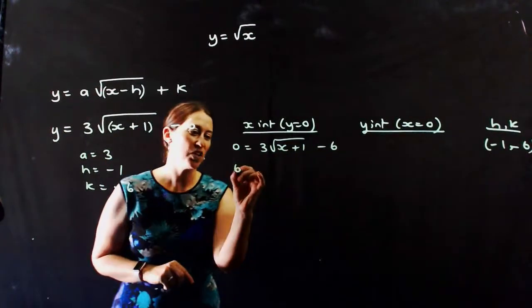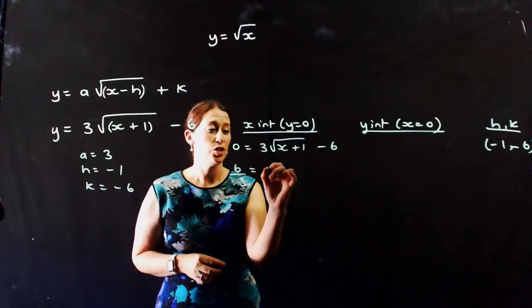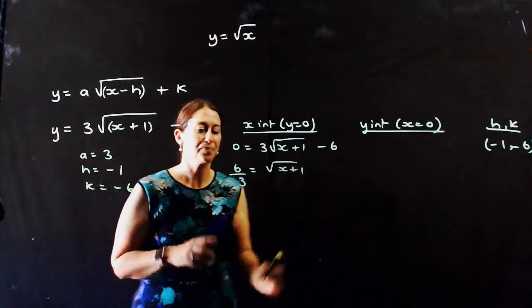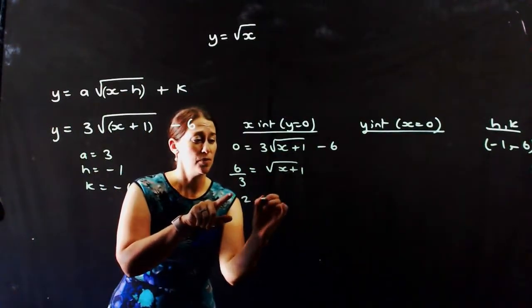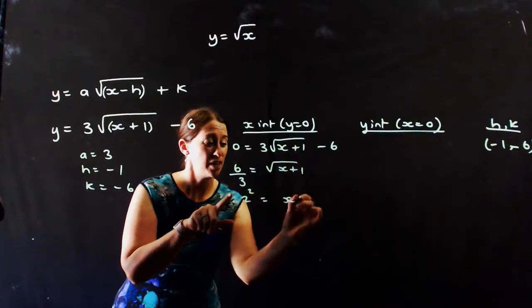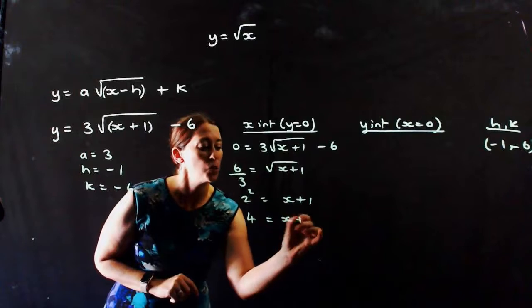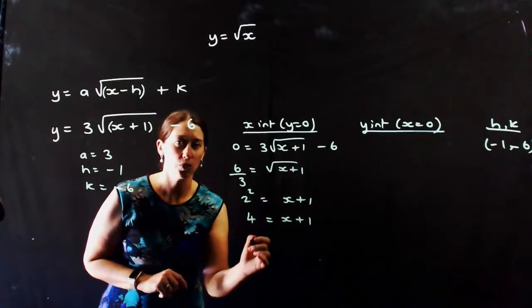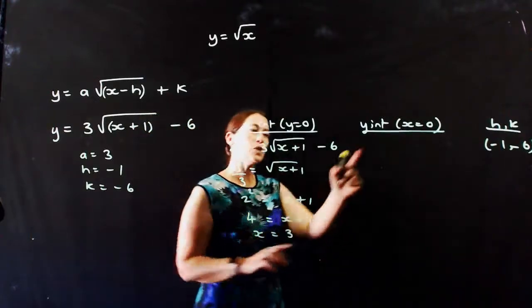Add the 6 first, and divide by 3 at the same time, which gives the square root of x plus 1 equals 2, since 6 divided by 3 is 2. Then I can square 2 to undo the root: 4 equals x plus 1, which means x equals 3.